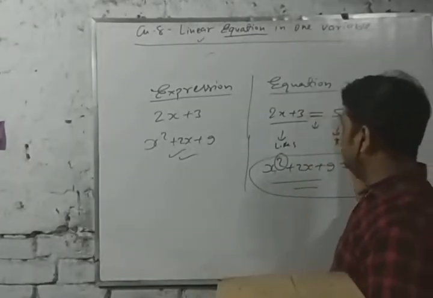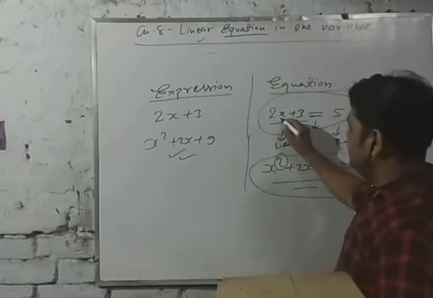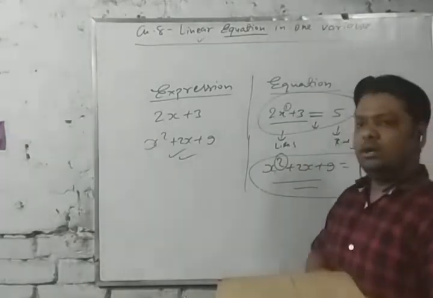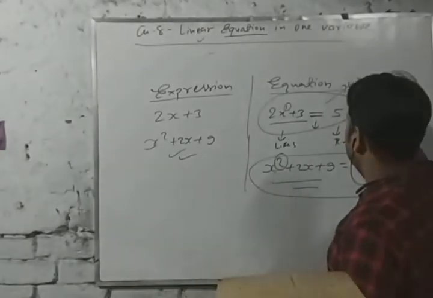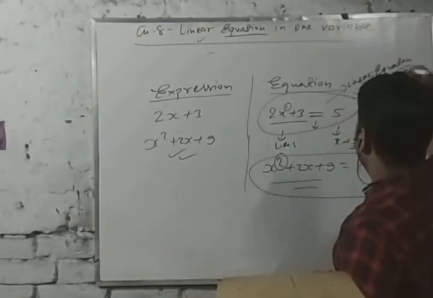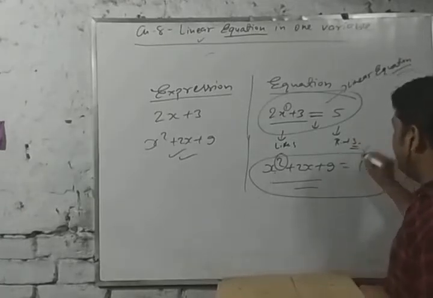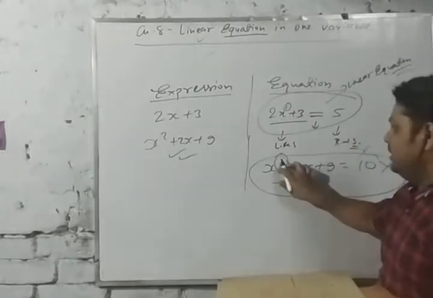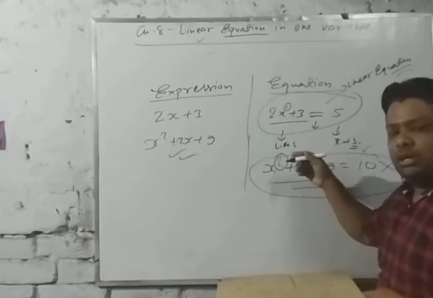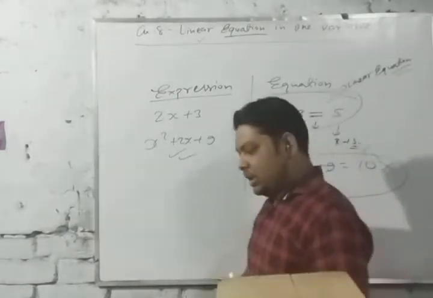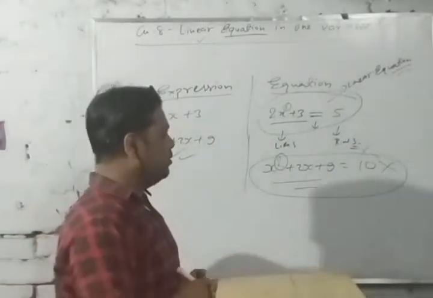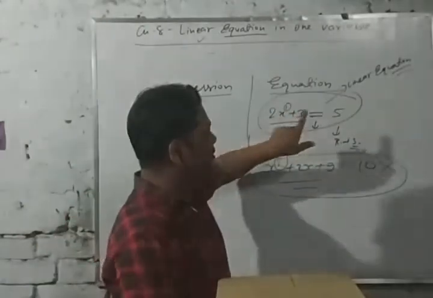But here you can see the variable has power 1, so it is a linear equation. The other one will be a quadratic equation. We will learn about this in the next class.